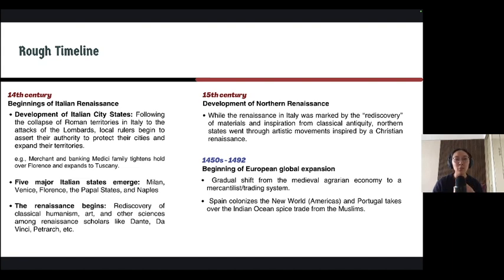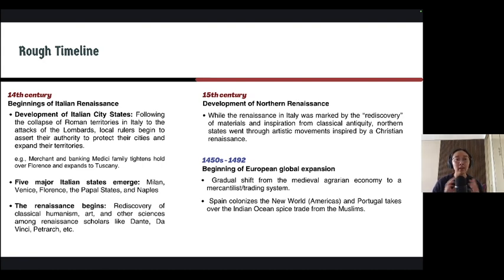In fact, many of them were banking and merchant families, such as the Medici family, who tightens their hold over Florence and later expands to Tuscany. So, five major Italian states emerge because of their wealth, but also because of how they're negotiating politics within the small space of northern and central Italy. Right? So, you have Milan, Venice, Florence, the Papal States, and Naples.